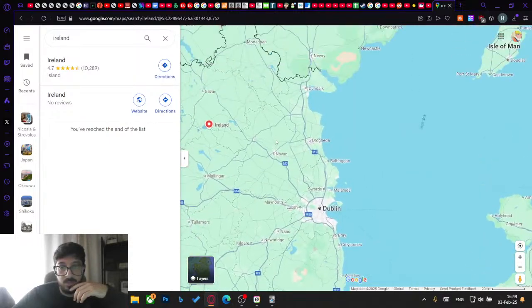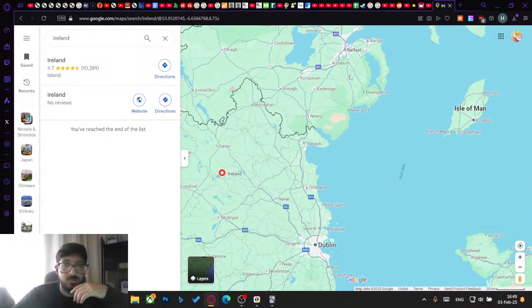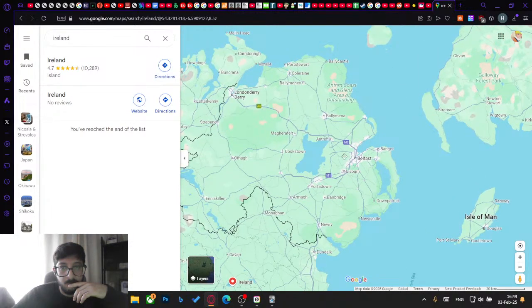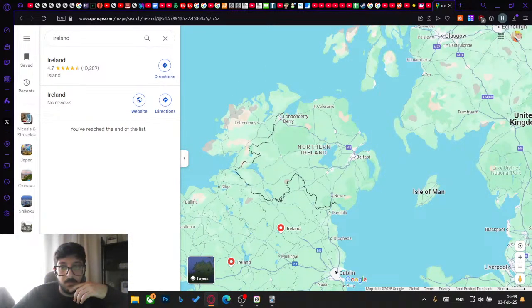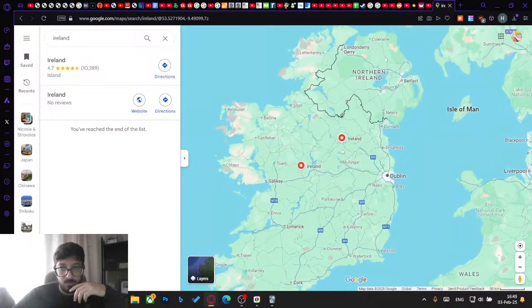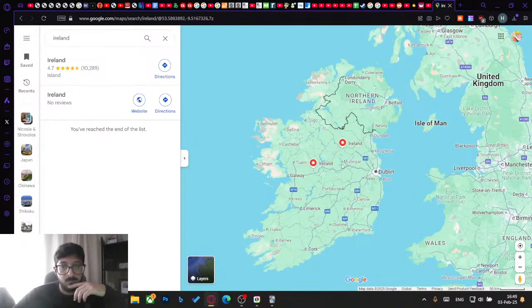And this is Dublin. Ireland is also a very nice country, very green. And yeah, there was a lot of fighting over there called the Troubles. I remember reading a little bit about it. I don't know a ton about it though.